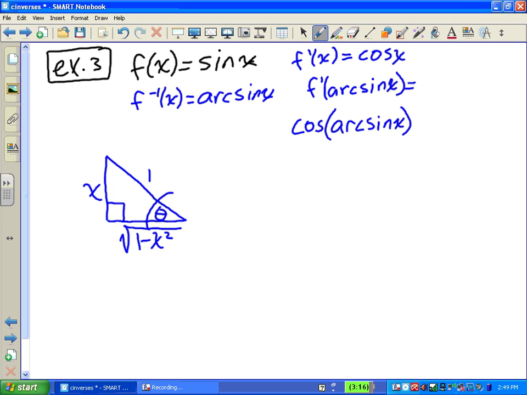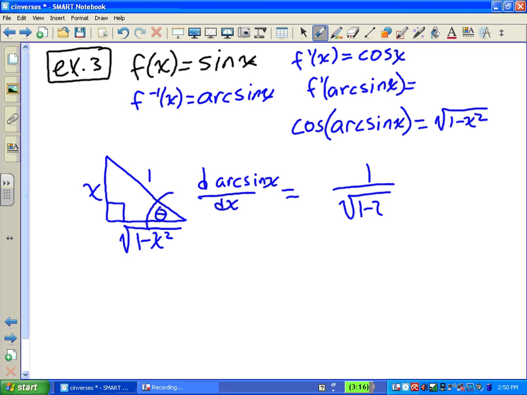Well, what is the cosine of this angle? It's just the square root of 1 minus x squared. So the derivative of arcsine of x with respect to x equals 1 over the square root of 1 minus x squared.